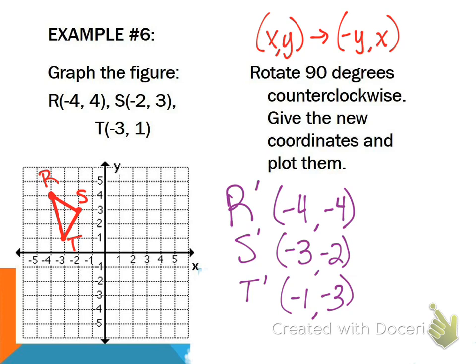All right, then we just have to plot them. Of course, we already discussed that they should all end up in this bottom quadrant here. R prime, S prime, and T prime.